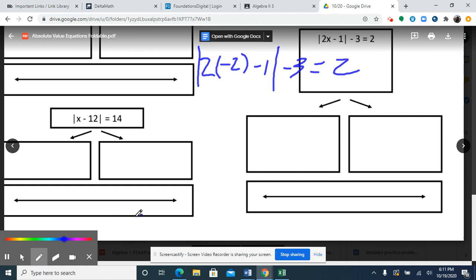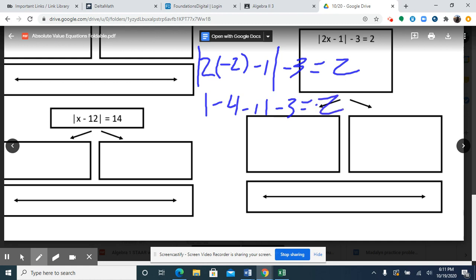So if we multiply 2 times negative 2, that should give us negative 4, minus 1. Negative 4 minus 1 is negative 5, minus 3, which should equal 2.